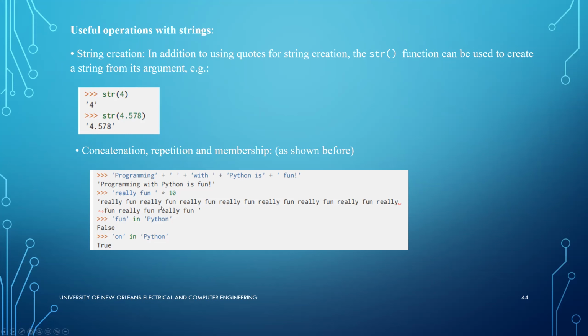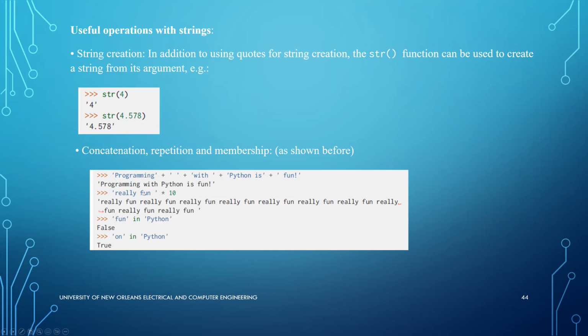However, we had not introduced the use of in at that time. But in that context, if we look at this first command here, the result is that it's joining these four strings, programming, with, Python is, and fun, into one single string, right? And that's what you see here.